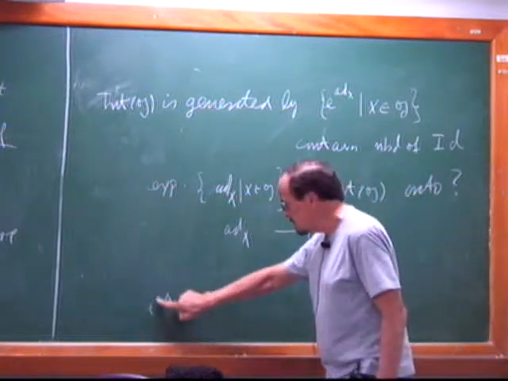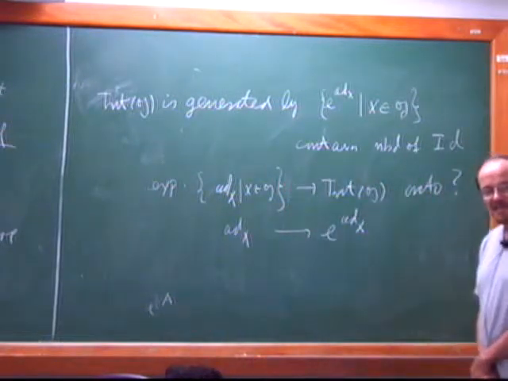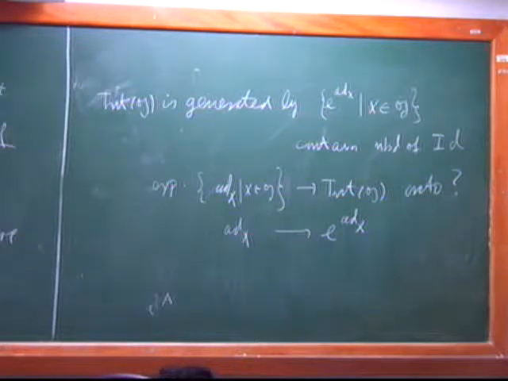Or just e to the A, right? Doesn't matter what t is. This matrix has a square root, yes. That's a good way to look at it. What's the square root of this matrix? You can just write it down.